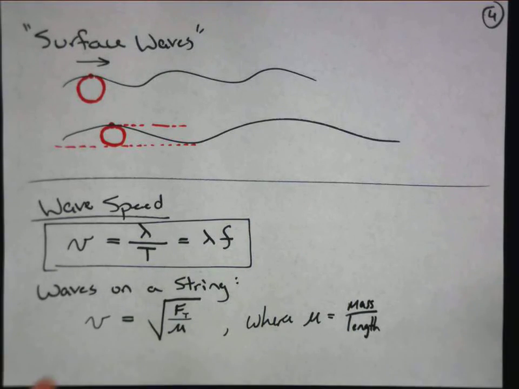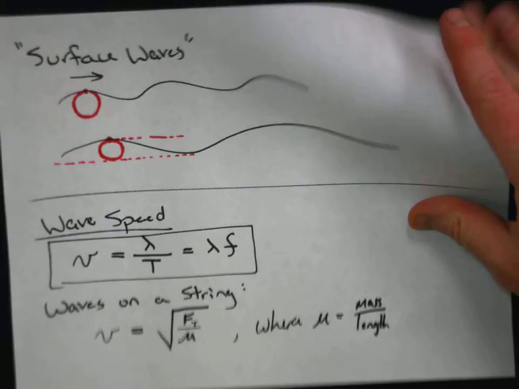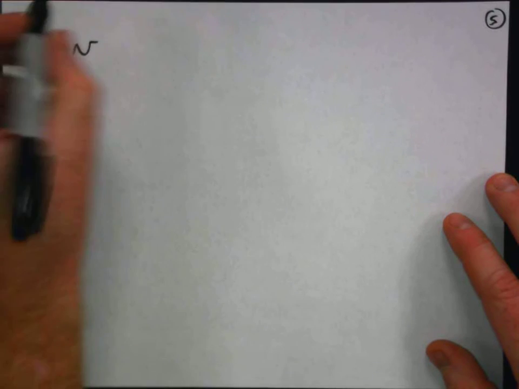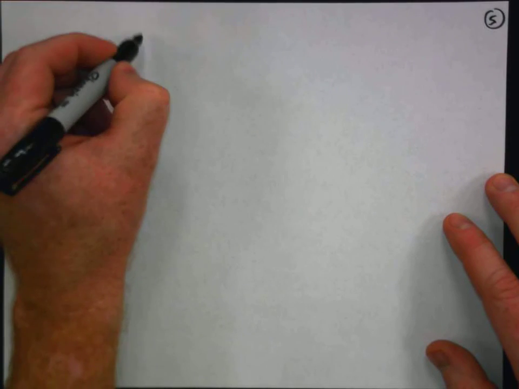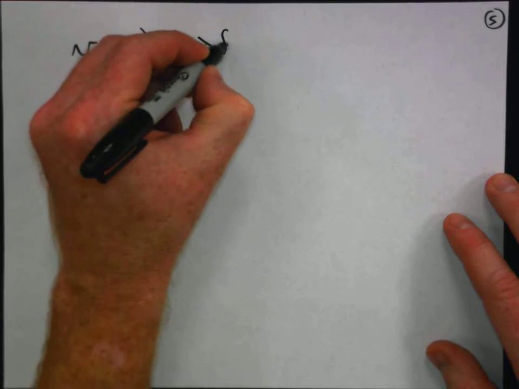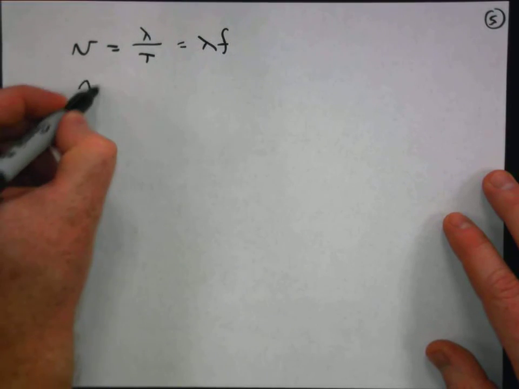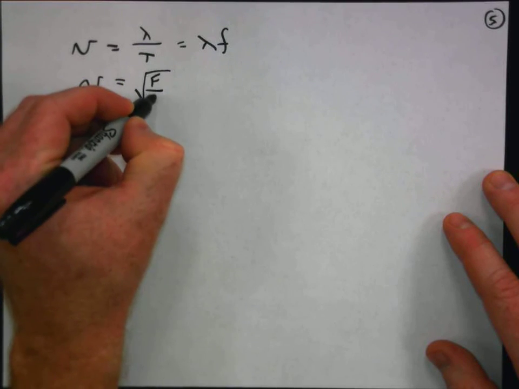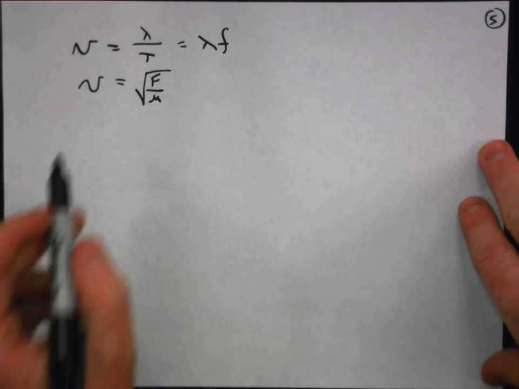Awesome. Well, we can connect those two ideas about speed, these two right here. So, velocity of the wave, we've got that or that. And we also have speed of the wave as this. And of course, they're equal to the same thing.